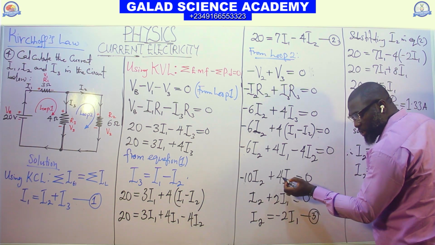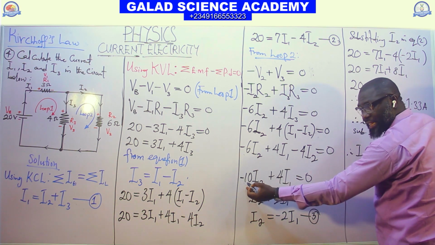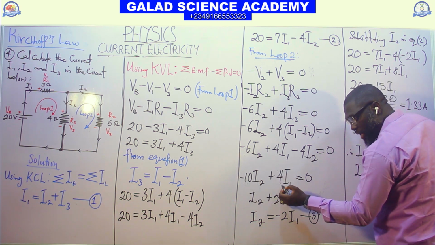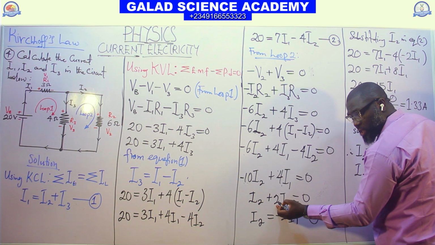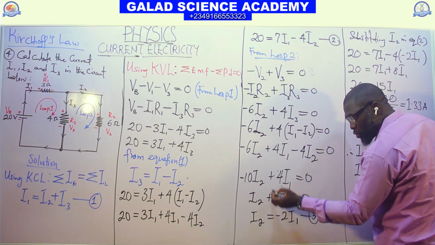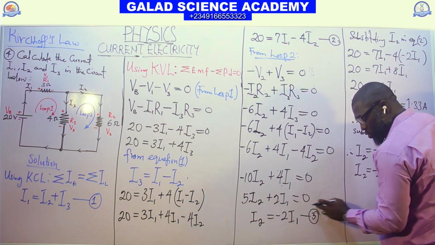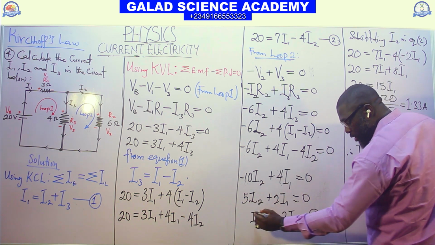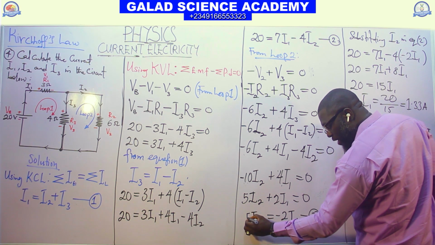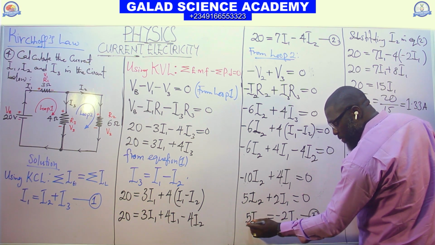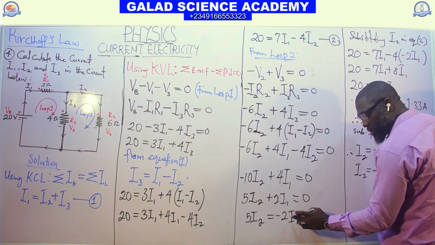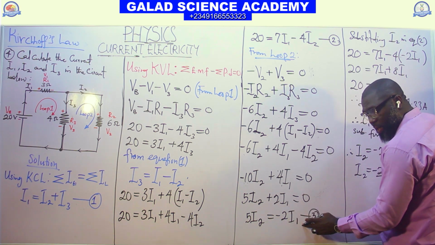Okay. And I say this is 4I1, 10I2. 2 in 4 is 2, 2 in 10 remains 5. Good. So I2 here will be 5I2, where minus 2I1.